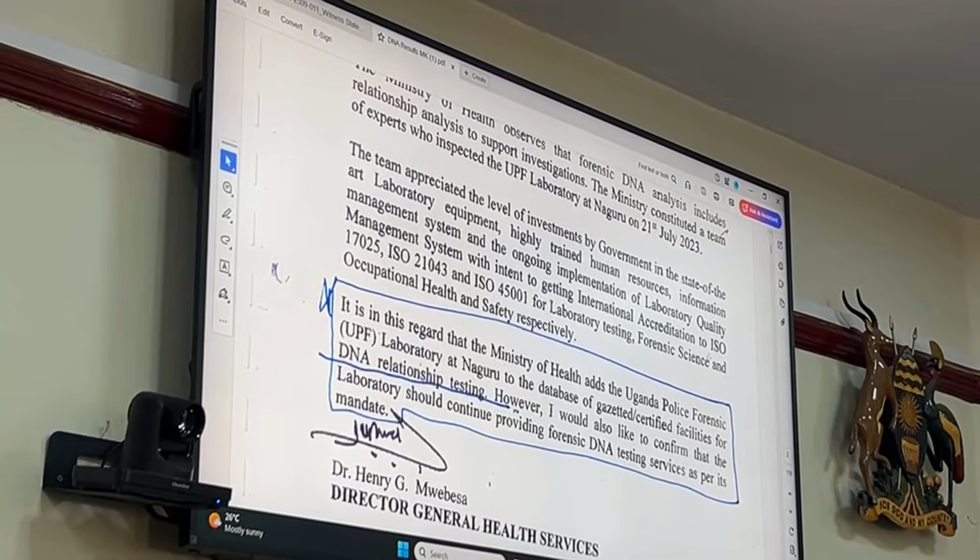So the team appreciated the level of investments by government in the state-of-the-art laboratory equipment, highly trained human resources, information management system, and the ongoing implementation of laboratory quality management system, with intent to getting international accreditation to ISO 17025, ISO 21043, and ISO 45001 for laboratory testing, forensic science, and occupational health and safety, respectively.